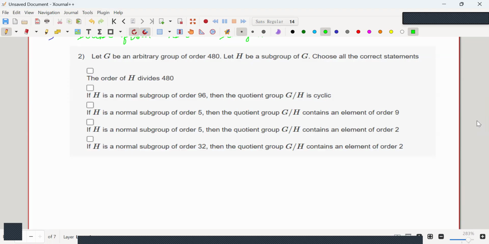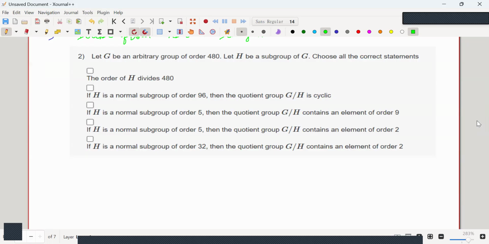Yes. You getting my point? It's an arbitrary group, arbitrary subgroup. The only information conveyed to you is the order of G and the order of H. Do you know how the order of G by H is related to the order of G and the order of H?